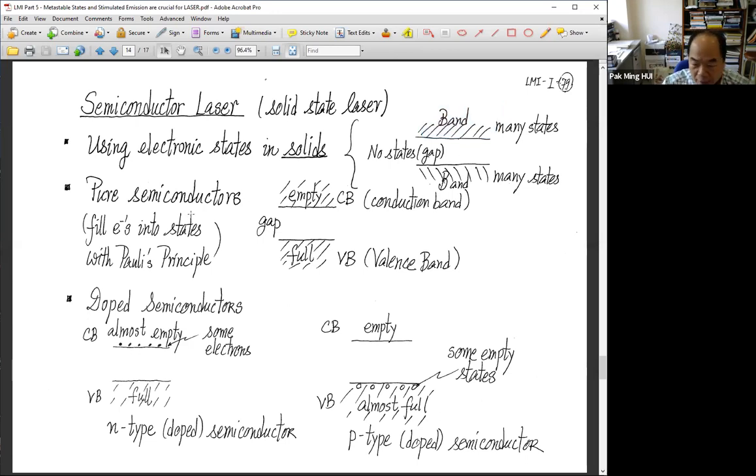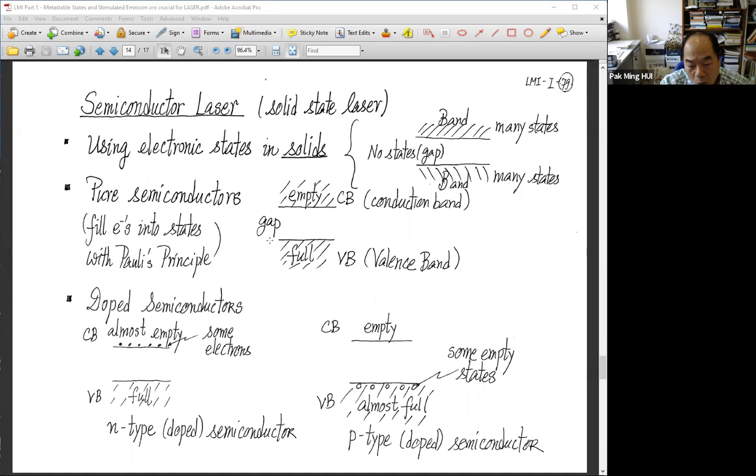Now, what is a semiconductor? A semiconductor has the following properties. When we fill the electrons into these states, sooner or later we run out of electrons. We fill all electrons in. A semiconductor has the following property.